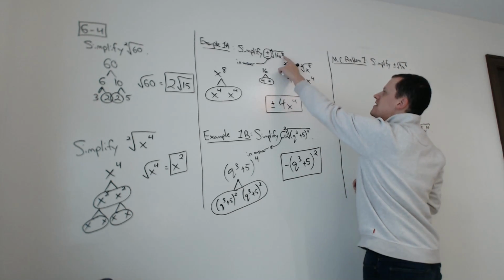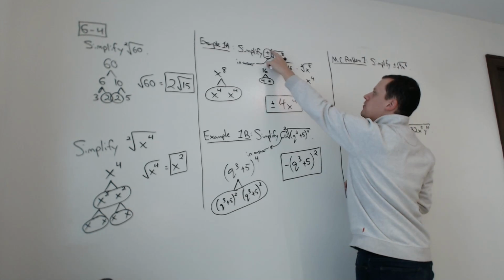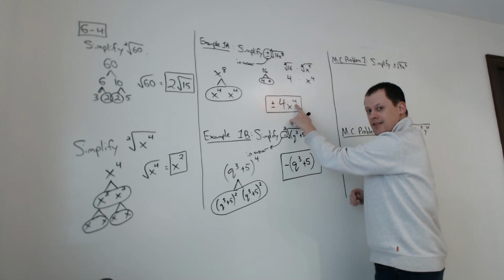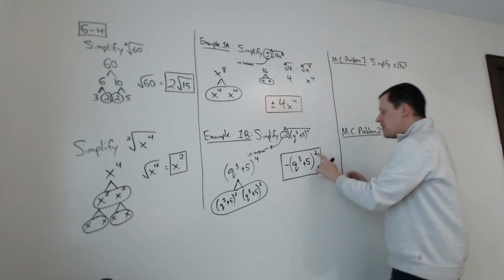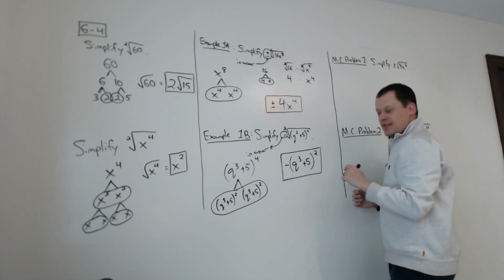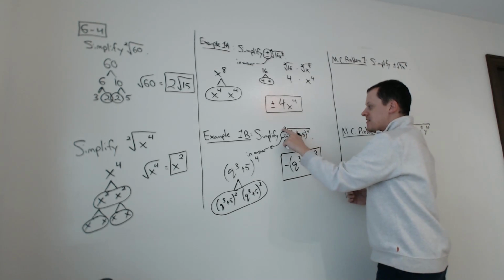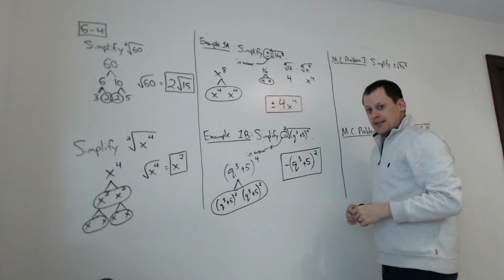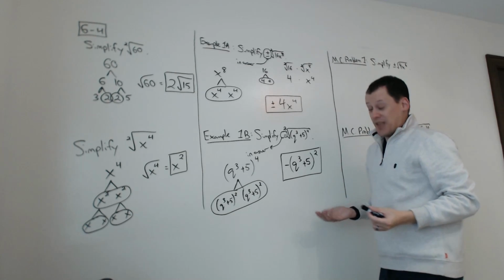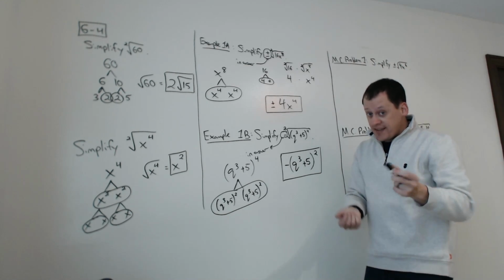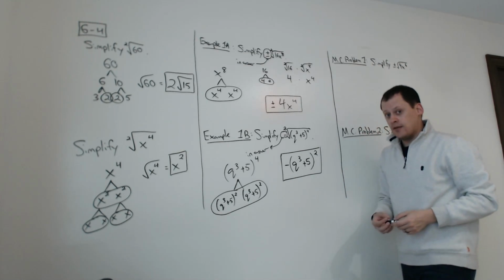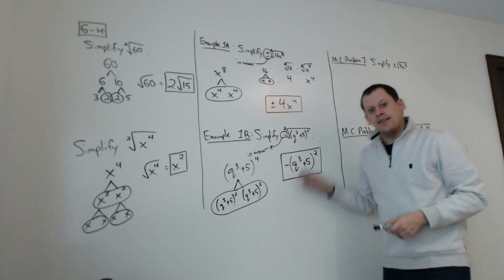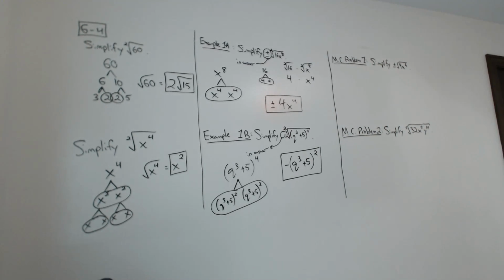Here we had x to the 8th power. 8 divided by the root of 2 is 4. So if you've got something raised to a power inside a root, take the exponent and divide it by the root to get the exponent of your answer. Just saying. Can save you a lot of time when you're working on problems like this. So we'll keep a lookout for something like that in these next couple problems.